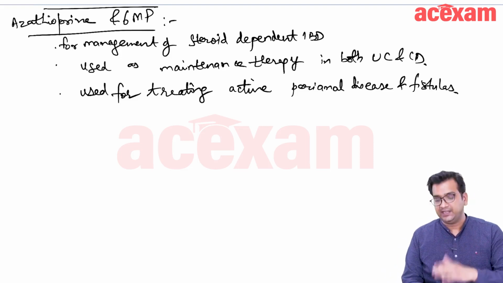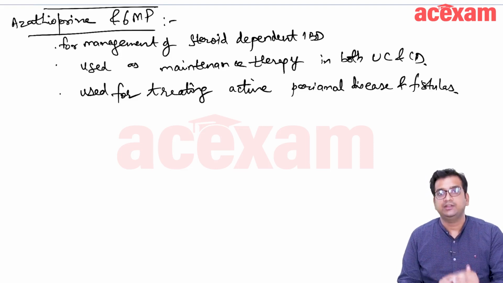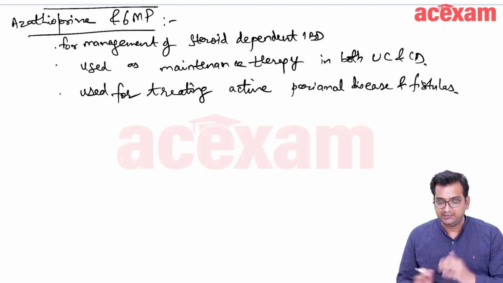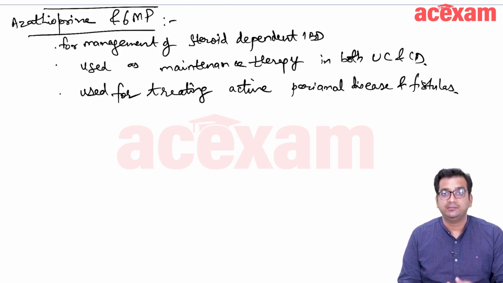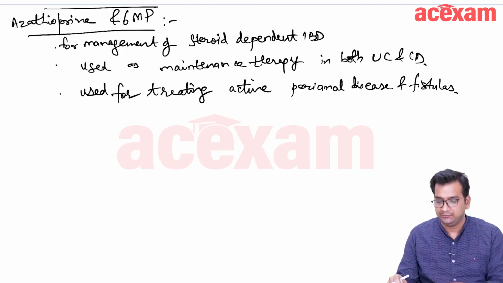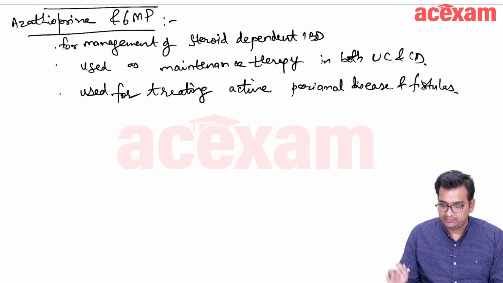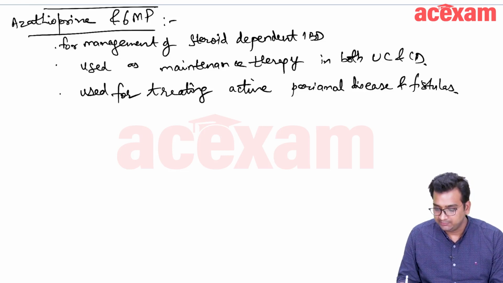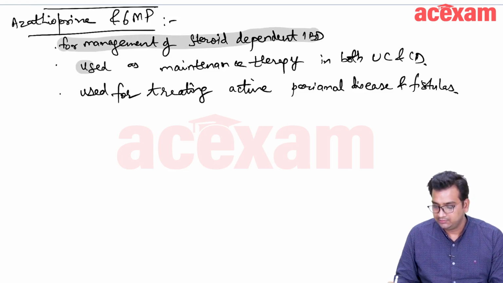Here you can see that they are having a role in almost everything, in management of steroid dependent IBD, in maintenance therapy, and in treating active perianal disease and fistulas. But their role in inducing remission is not there. So this you have to remember.